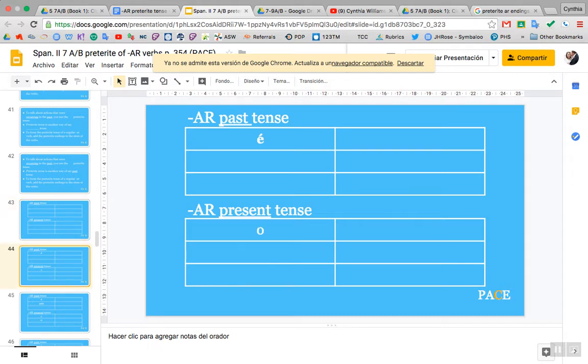Okay. So to start with, in the past tense, é with an accent mark goes in the yo form. Present tense has an o. Okay? Then we have aste and as. And then we have ó and a. This is where it can get a little tricky, that o with that accent mark. Like I've told you before, accent marks are important.